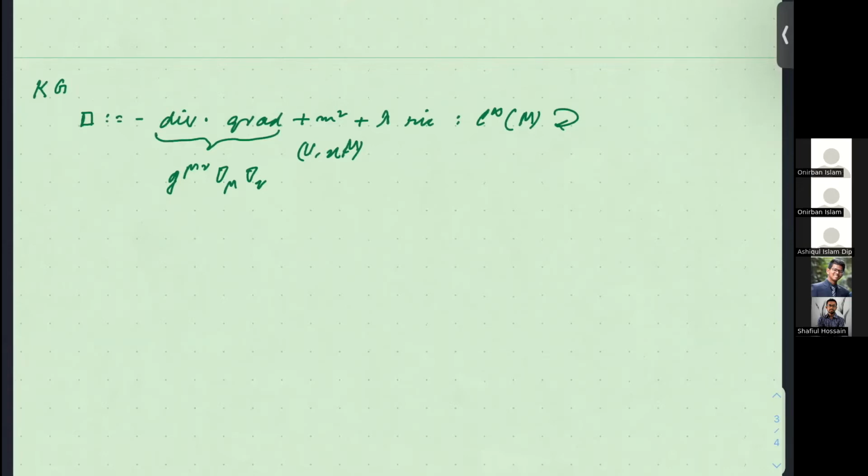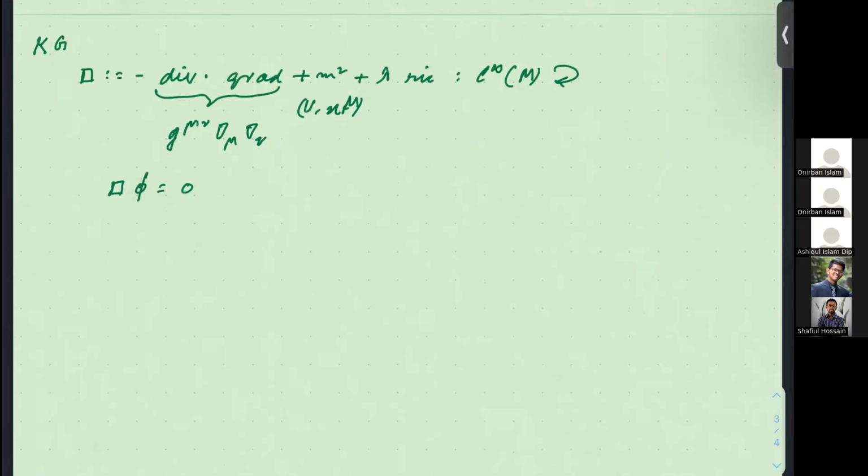And if you are in Minkowski, then this is just partial derivatives and the usual wave operator. Okay, so far so good. Now our Klein-Gordon equation is just box u equals 0. So we want to quantize something which satisfies this equation classically, but we want to demand it quantum mechanically later.